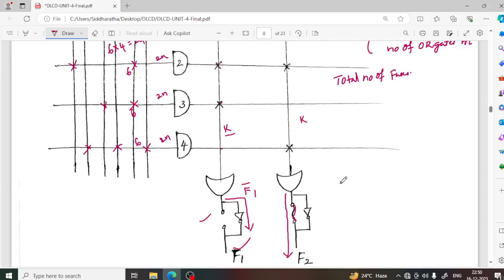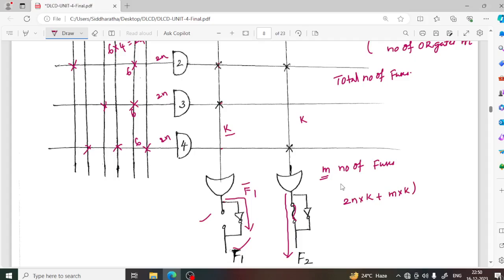So if M OR gates are there, M fuses are there. Therefore, the total number of fuses at the array of AND gates is 2n into k, at the array of OR gates is m into k, and at the output side m, for m OR gates, right?